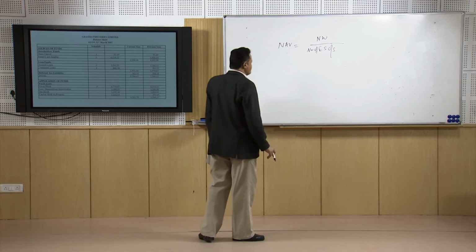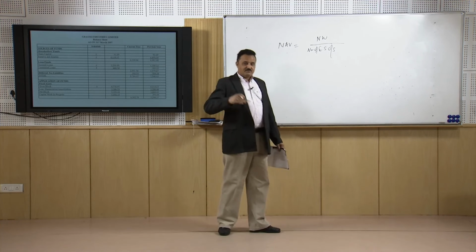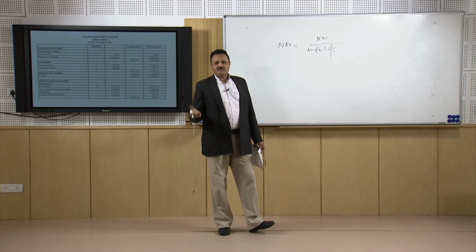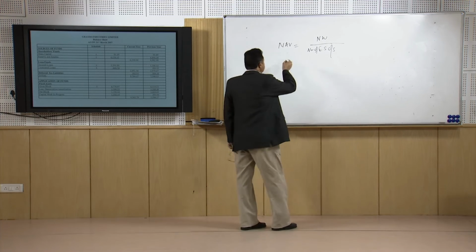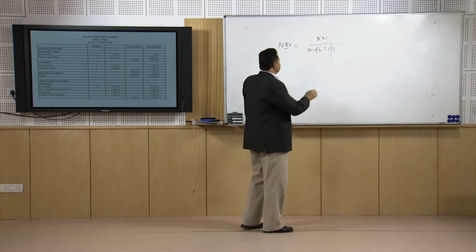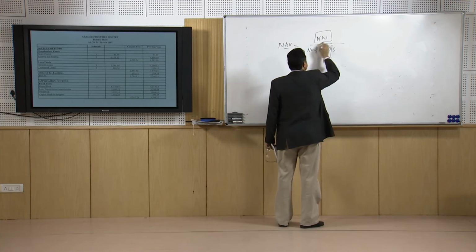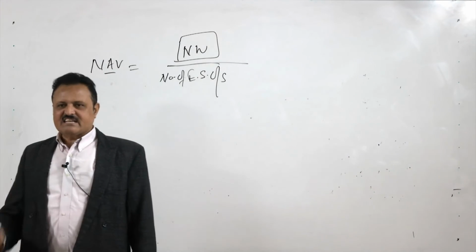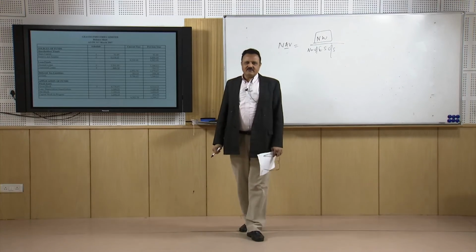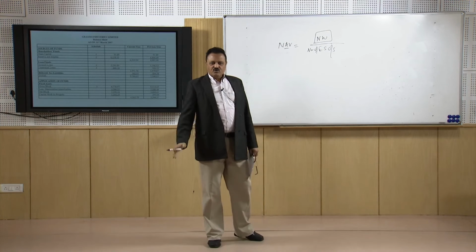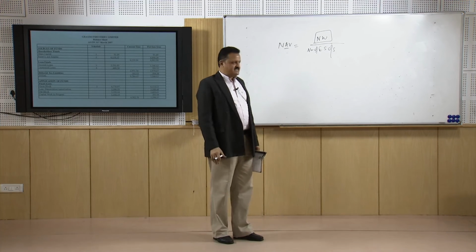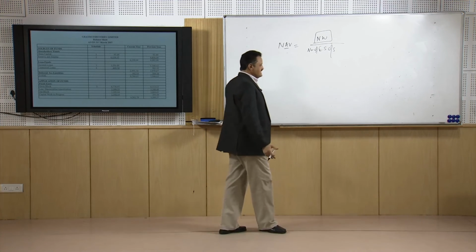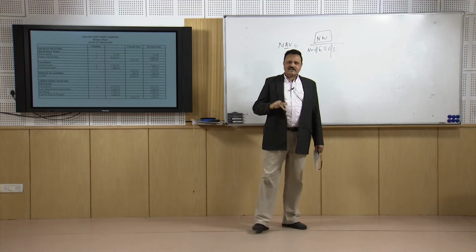And if the number of equity shares remains the same and net worth is going up, it means the net asset value, the NAV, will improve. Why do we call it net asset value? Because this net worth helps us in financing the asset side of the balance sheet. If you want to expand, to have more land, more buildings, more plant and machinery, more furniture, more other kinds of fixed assets, we need funds, and only two sources are there, internal and external.